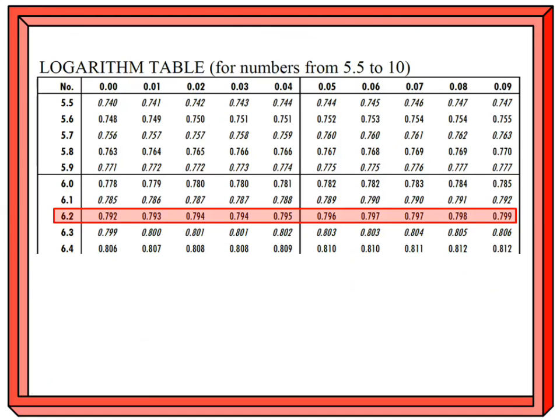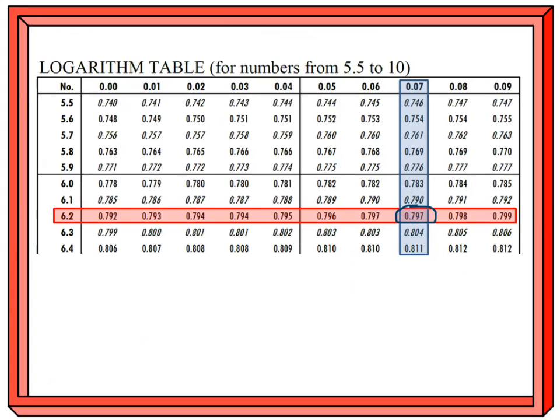Okay, so 6.2, and now I'm going to look at the 0.07 column. Just follow it down, and where these two rectangles meet, that is the log of 6.27. So that's 0.797.